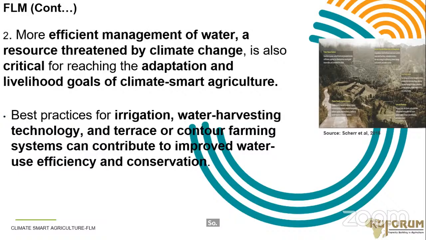Some of the best practices are irrigation, water harvesting, and use of various soil and water conservation techniques or technologies to improve water use efficiency and conservation, water being one of the resources that are limited or threatened by climate change.